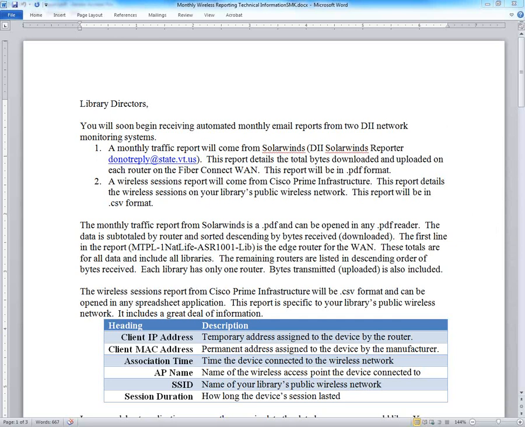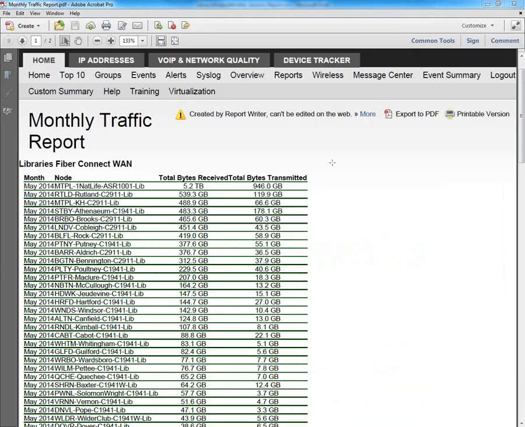So just to give you a sense of what you would have gotten, two different reports. One of them would be a PDF file that looks like the one that I'm displaying here, and that is being displayed, isn't it, Brittany? Yeah, we can see that.